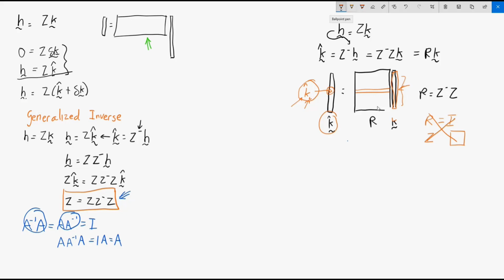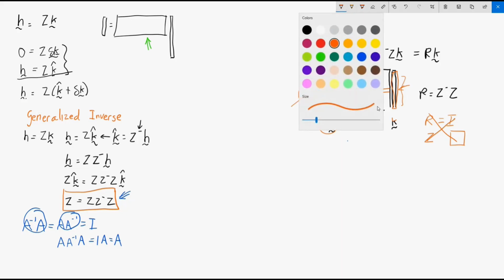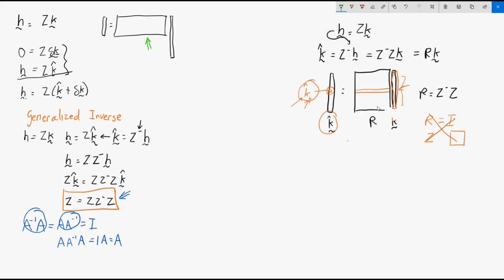Finally, let us look at a very special generalized inverse called the Moore-Penrose pseudoinverse.